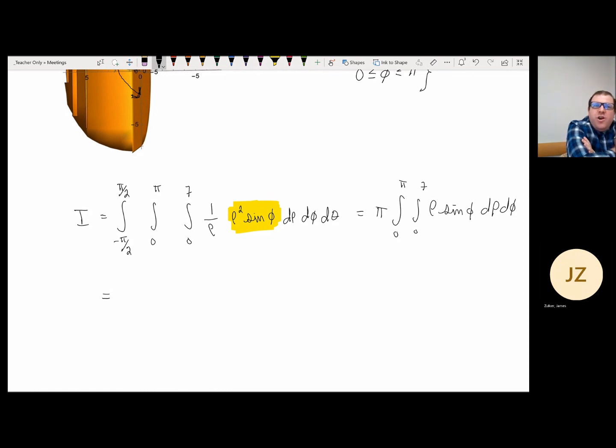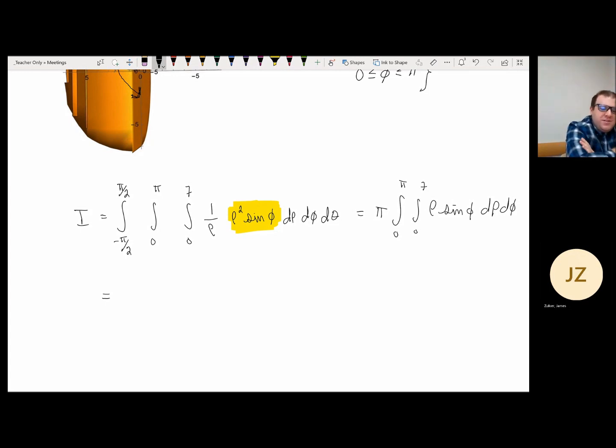Since the bounds for rho are not dependent on phi, the bounds for phi are not dependent on rho, essentially we're working with a rectangle. We can just flip the order of integration without worrying too much, right? So we could integrate with respect to rho first, or with respect to phi, it does not matter. They're both pretty simple to do anyway.